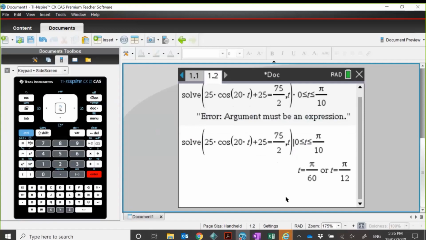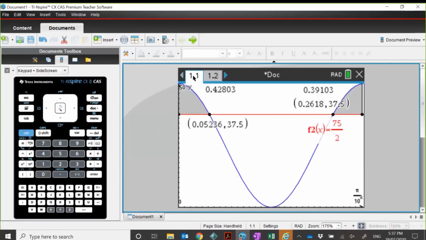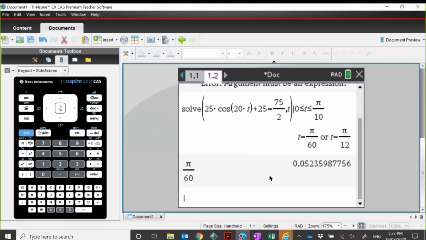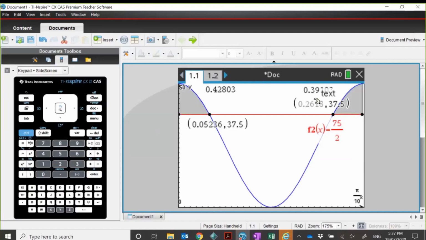Those numbers there, pi divided by 60, is your 0.05, which matches up with your first x value there. And your pi on 12 is your 0.26, which matches up with your second x value there.